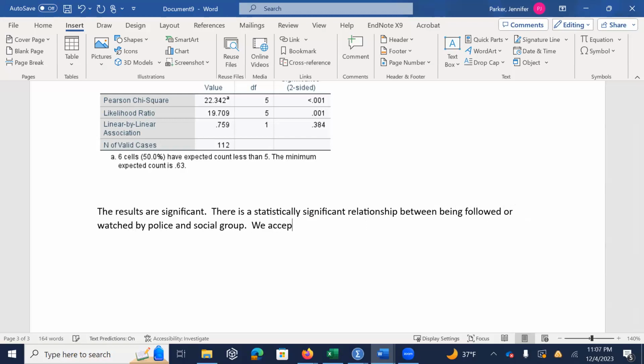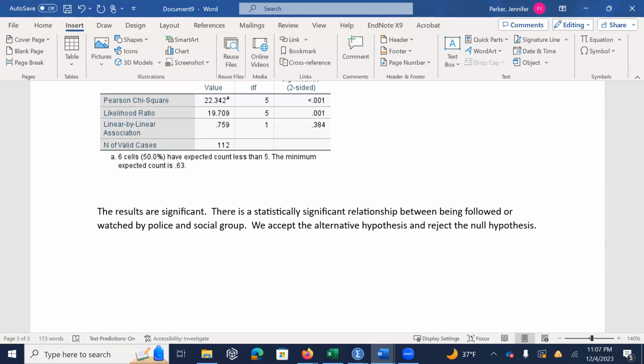We accept the alternative hypothesis and reject the null hypothesis. And I'm going to elaborate here on the results because we are not doing a post hoc test, but we have some observations that we can point out about the data.